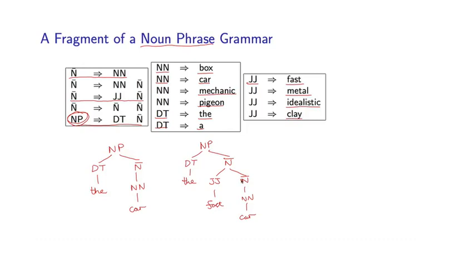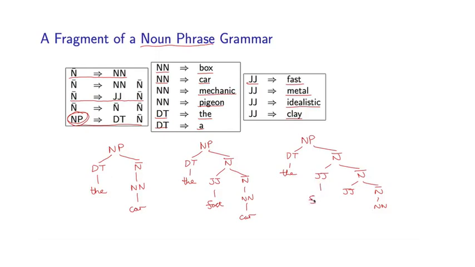Okay, we can go a step further, and it's important, we'll see how this rule, N-bar goes to JJ N-bar, is recursive in that it can be repeatedly applied. So let's give a third structure. So again, I have this rule at the top. But now I'm going to apply this adjective rule twice.